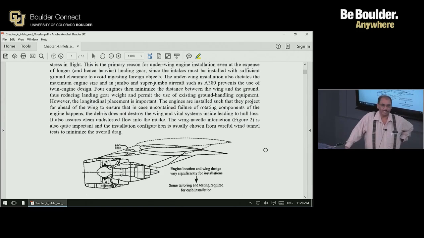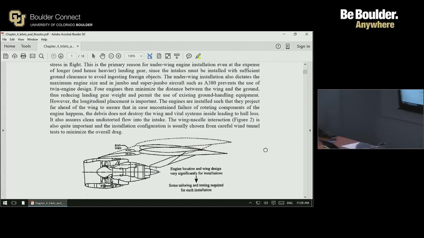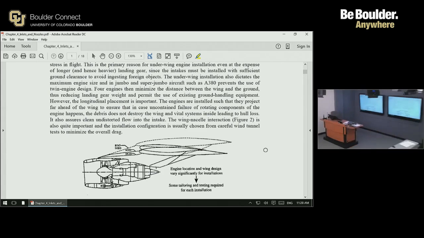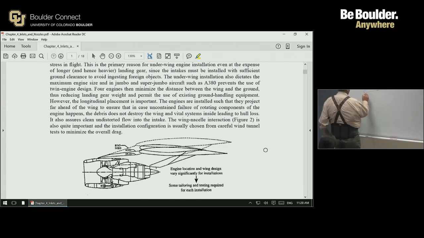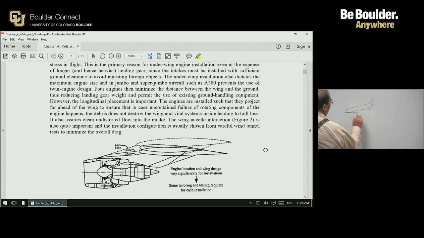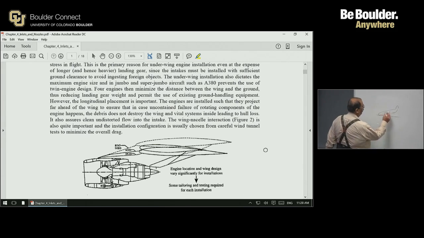Okay. The second one is if the nose gear fails, the certification requires that, suppose the nose gear has collapsed for some reason, and you have engines hung underneath the wing.